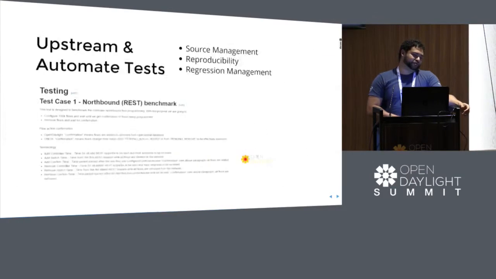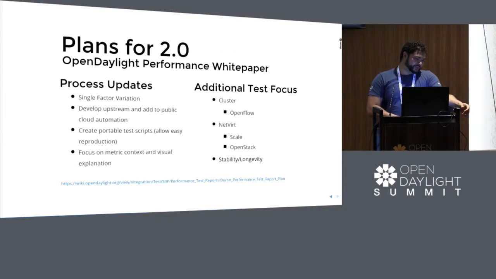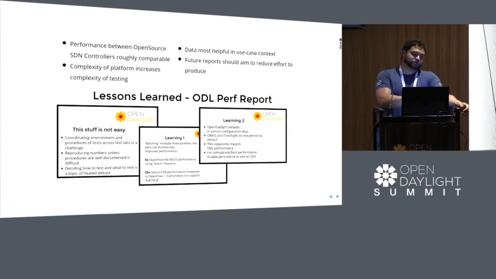So I'll go back briefly to the lessons we learned in the performance report. These boxes at the bottom are slides from a previous presentation I gave on the performance report itself. One of the lessons is that coordinating environments, procedures and configs across different labs and across testing is problematic. And we found that one of the things that really affects performance is the persisting of data in the config data store.